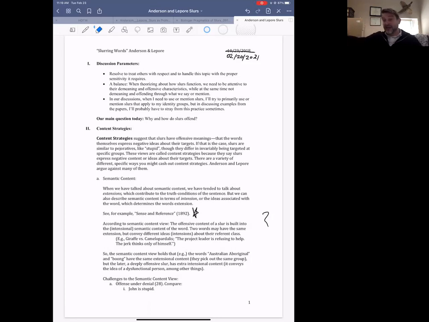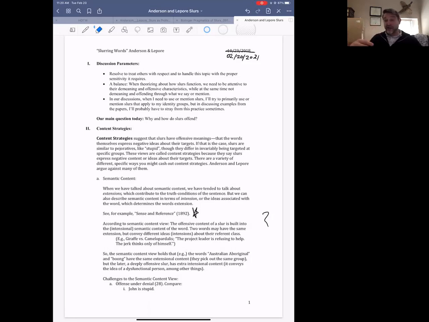So these two words pick out the same reference class of individuals, but one of them has associated with it additional intentional ideas that the other doesn't. "Australian Aboriginal" is a non-offensive word for referring to this group of individuals, but "boon" carries with it some deeply offensive content. It conveys the idea of a dysfunctional person, among other things.